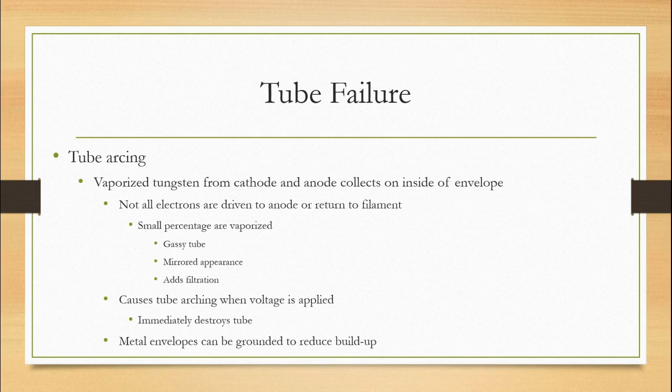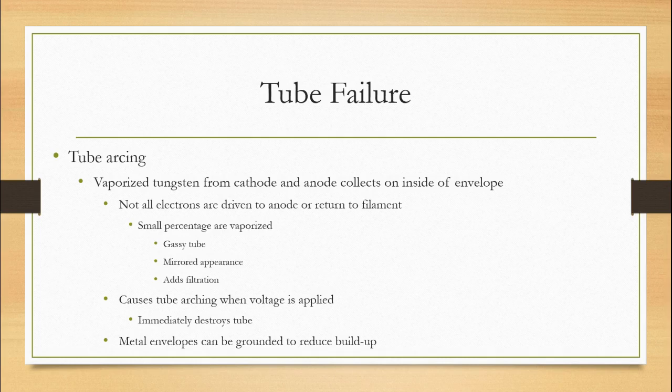So what happens is when you liberate those electrons from the filament, not all of them go back into the filament or are driven across to the anode. So a small percentage are vaporized, and we call that a gassy tube, and it puts that mirror appearance to the tube.